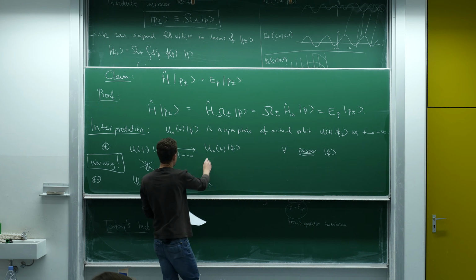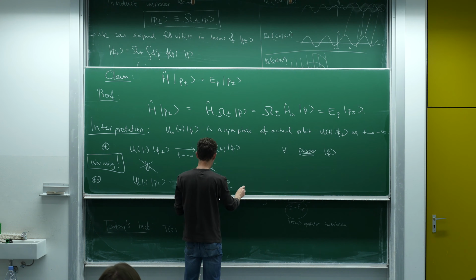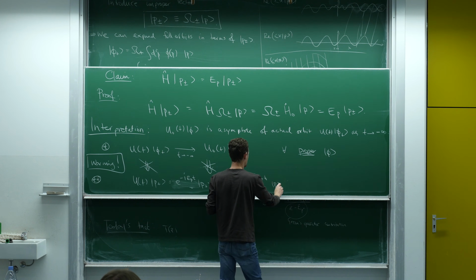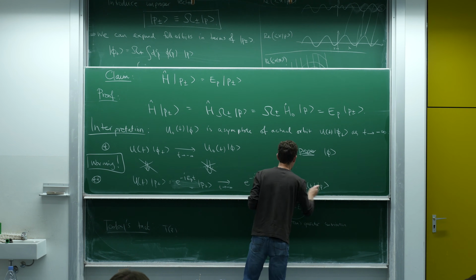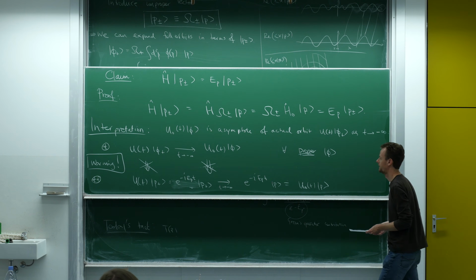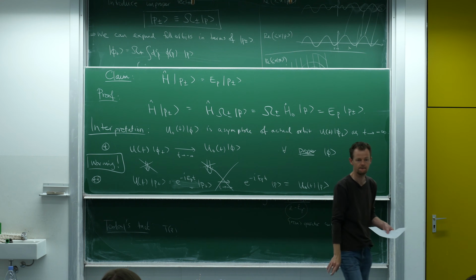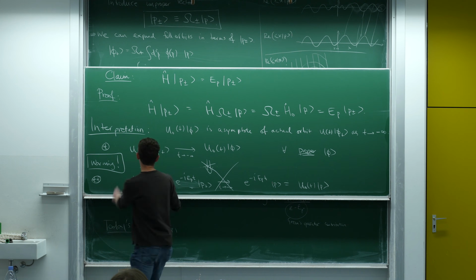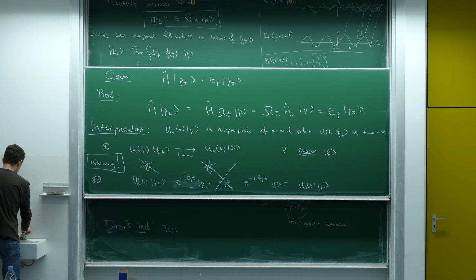So you might think that this statement here implies that this tends, as t tends to minus infinity, to e to the minus i E_p t of p, which has another name, which is U naught t of p. And I've said it often enough, but it does not do this. This is not a true statement there. And I'll try and give you some intuition for why it's not true in a second.